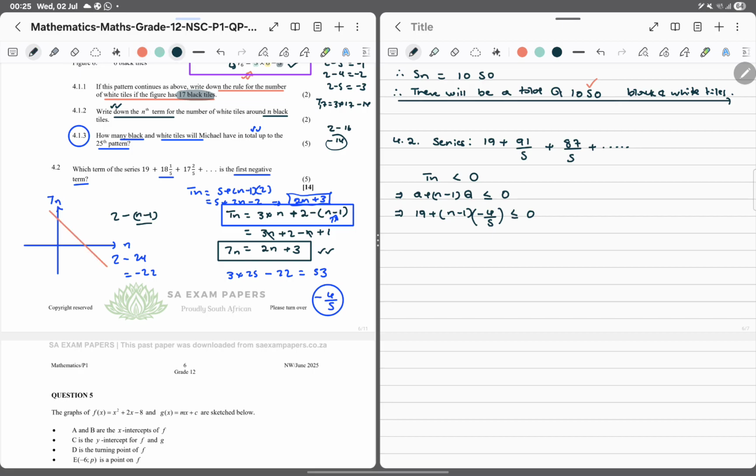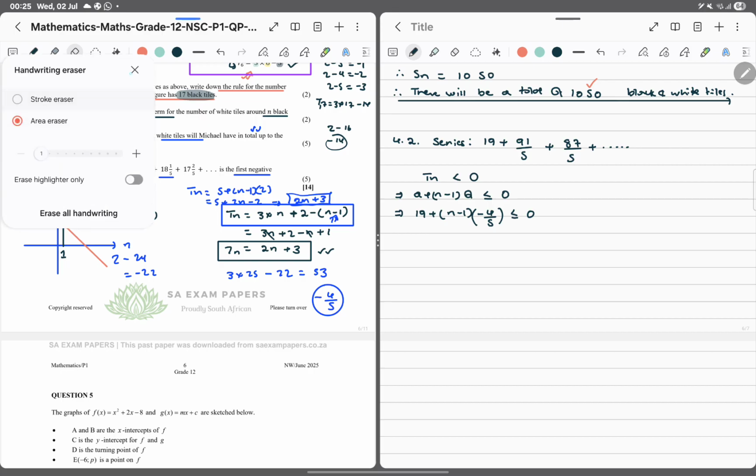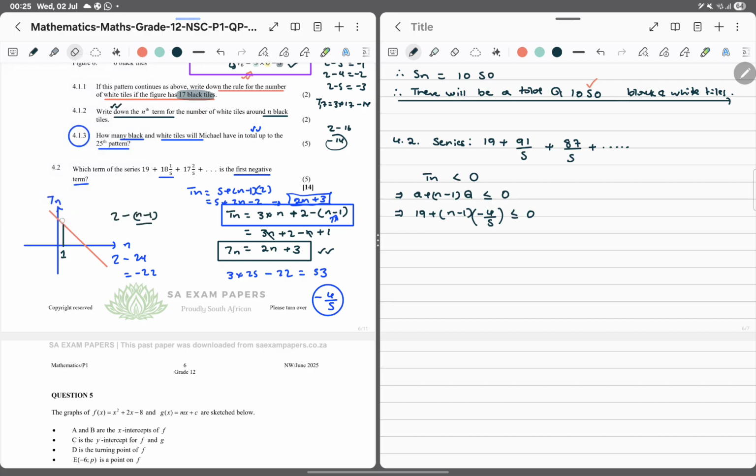Of course, knowing very well that this always starts from term 1. And the part that is beyond or perhaps before term 1 does not exist. The only part that exists is this one. So we just want the very first term that becomes negative. What is that term?